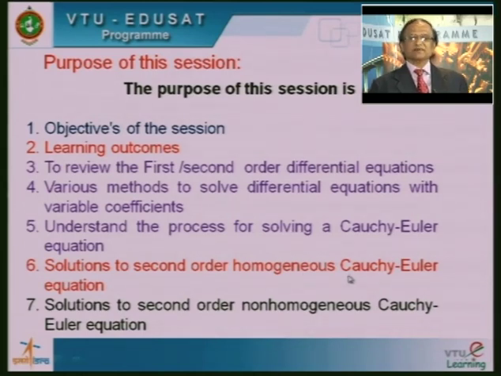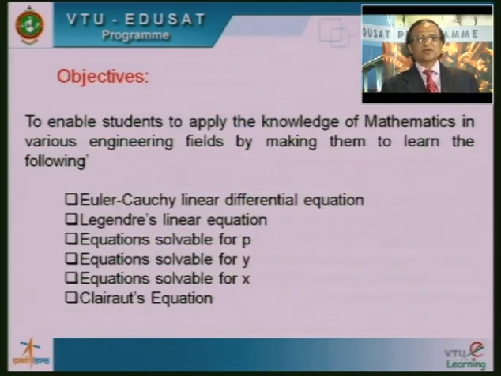Suppose the right hand side is not equal to 0 and the coefficients are variables, then you may call it a non-homogeneous Cauchy-Euler equation. How are we going to find its solution? We shall discuss all these things in this session.